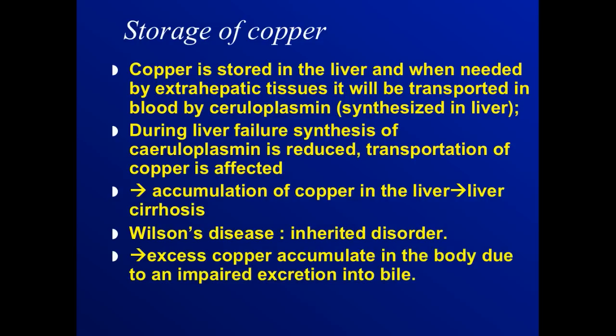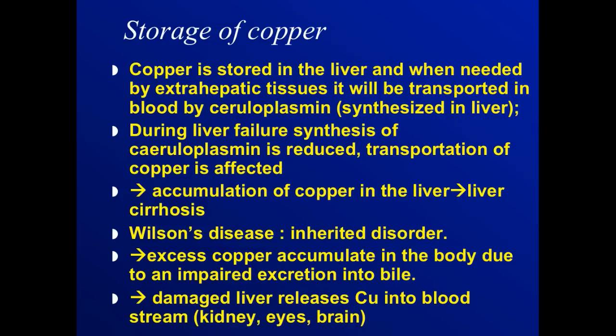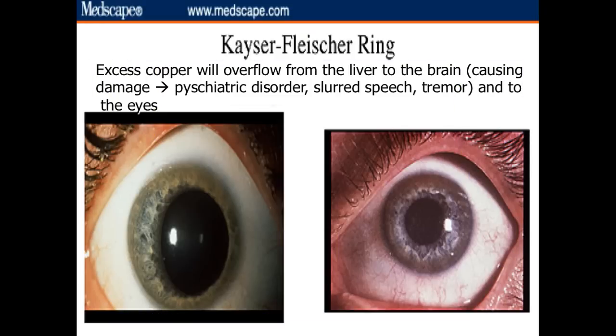And where else does it go? It will also go to the lens of the eyes, and it will damage the lens of the eyes. It will go to the kidney, it will go to the brain, and it will cause dementia also. But if it goes to the lens, we can see the symptoms in this patient, like a greenish ring surrounding the eyeball.